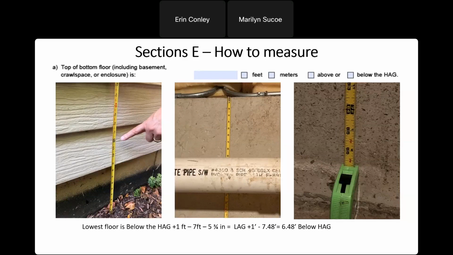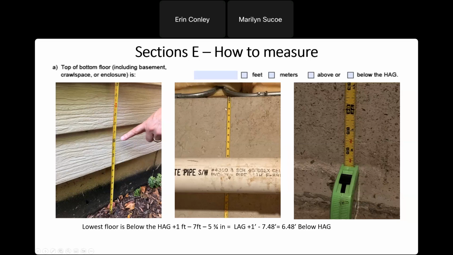You're trying to establish the top of the bottom floor, including basement. So you can go outside and you can measure the height of the floor from the top of the foundation. So we've got 12 inches from the highest adjacent grade. So it's highest adjacent grade plus 1 foot.